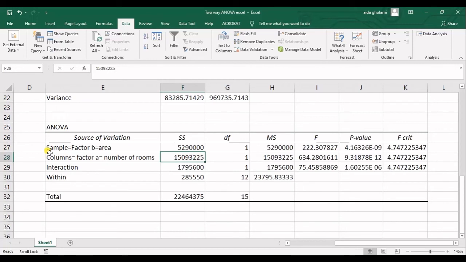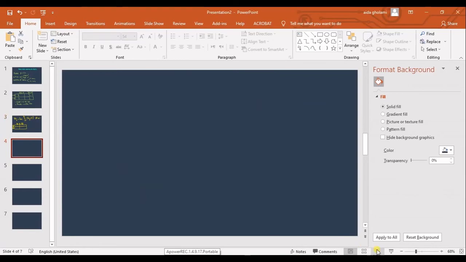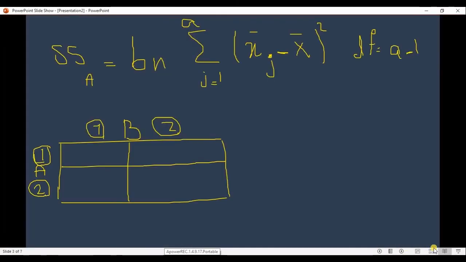Now we want to have the SS, or sum of squares, for factor B. So the formula in here is also the same and so easy.